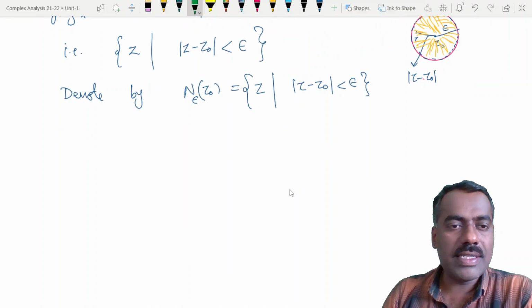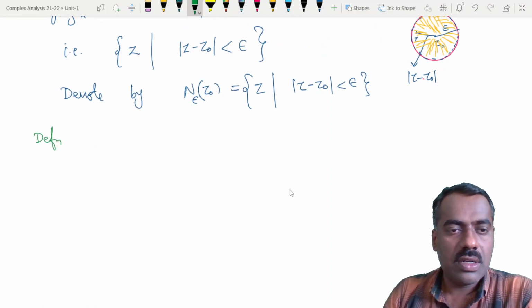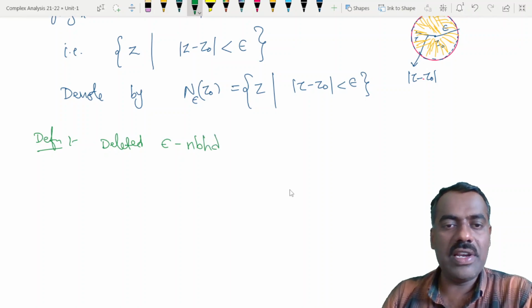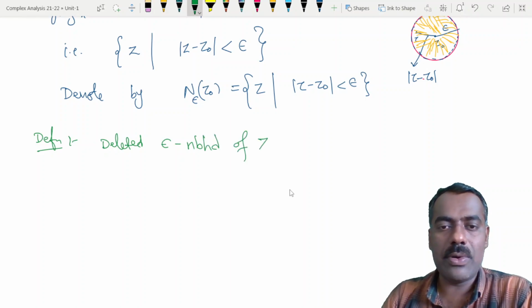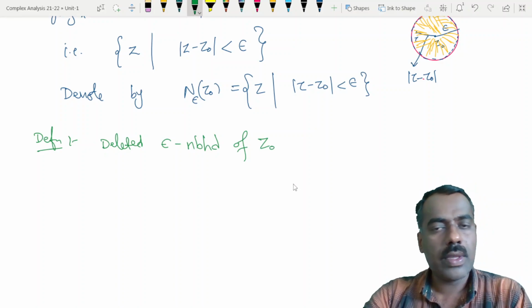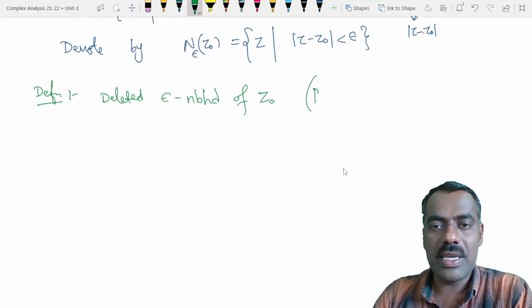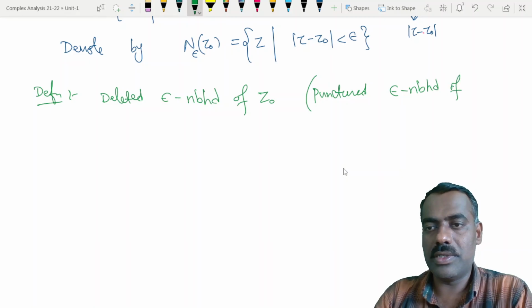Now there is also another definition called the deleted epsilon neighborhood, or punctured epsilon neighborhood of z naught.